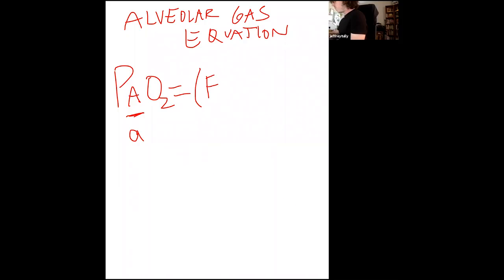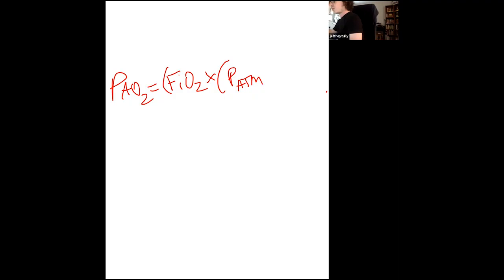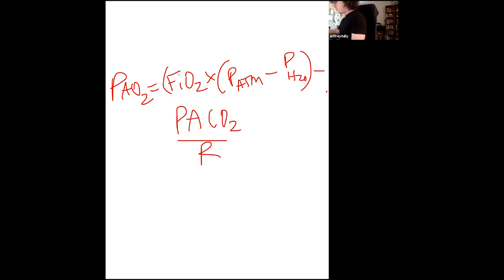That's equal to the FiO2, which means the fraction of gas that is actually oxygen, times the atmospheric pressure, minus the ambient water pressure, minus a term that stands for essentially the amount of waste gas that the lung has to deal with as well.